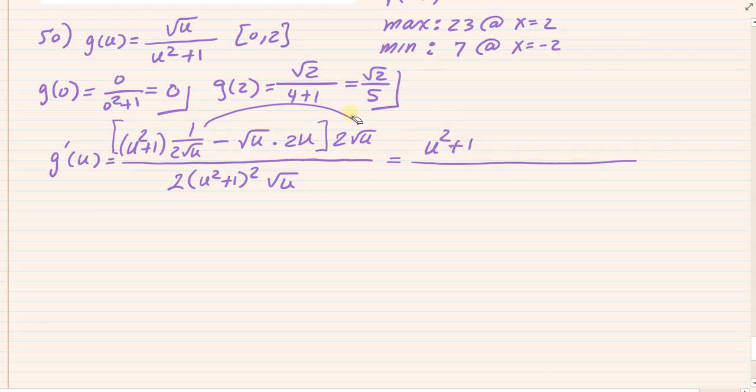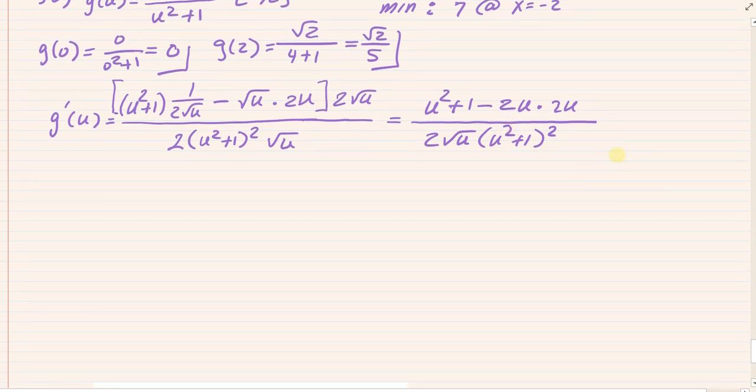Then we distribute 2 root u times this expression, so it's going to be negative 2 square root of u, which is just u, times another 2u, the factor that comes after the square root. Then over the denominator: 2 root u times u squared plus 1 squared.